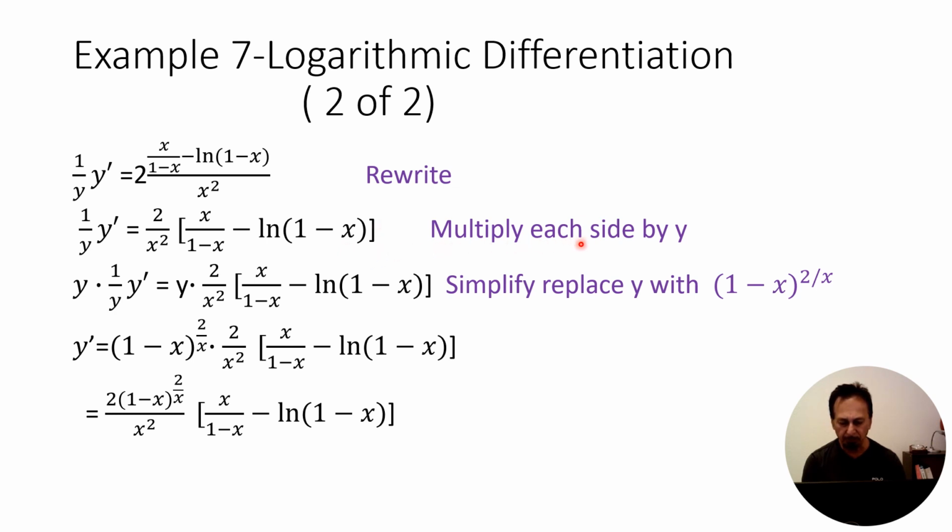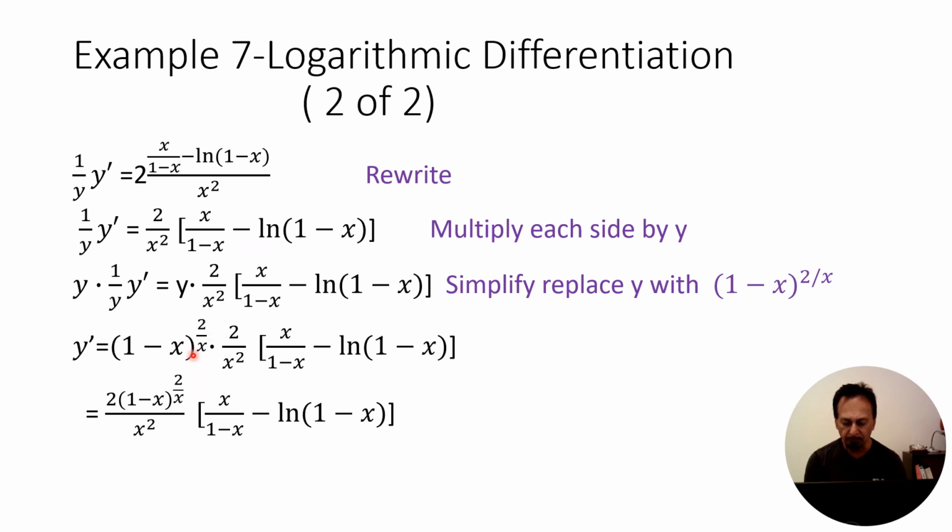Now we multiply both sides by y to simplify, because we want y prime. So it becomes y times 1 over y times y prime equals y times 2 over x squared times bracket x over 1 minus x minus natural log of 1 minus x. These y's cancel, so you're left with y prime.